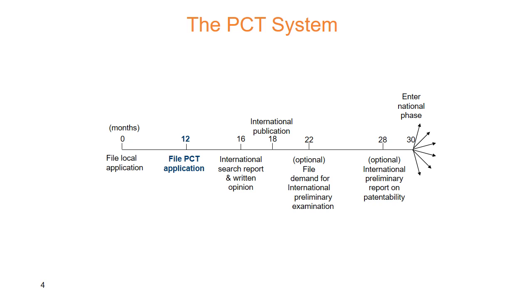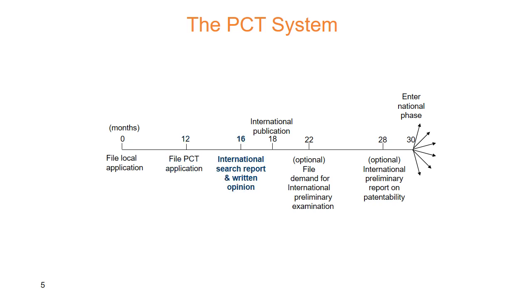The PCT application is to be filed within 12 months after filing the national application, so the priority right is given by the national office. PCT applications can also be filed directly to the receiving office, the RO, which is the office of WIPO, the World Intellectual Property Organization. Normally the national patent office offers one set of fees, one language and one set of formality requirements for PCT states.